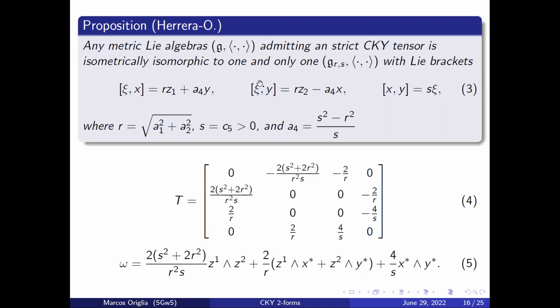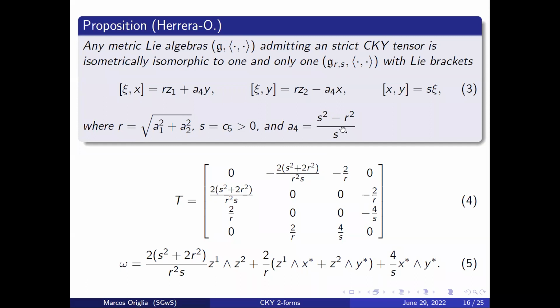So if the Lie algebra admits one of those strict conformal Killing tensors, then it has to be one of these G_{R,S}, where the Lie bracket is given by this formula 3. R is this combination of A1, A2, and A4, and I wrote A4 instead of this S squared minus R squared over S. But everything is determined by A1, A2, and A4.